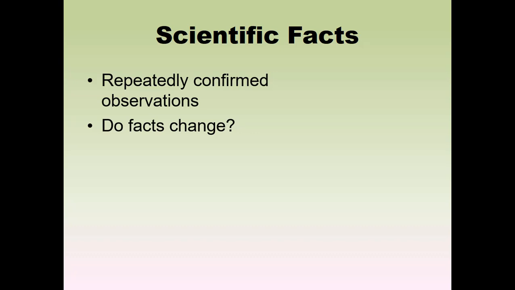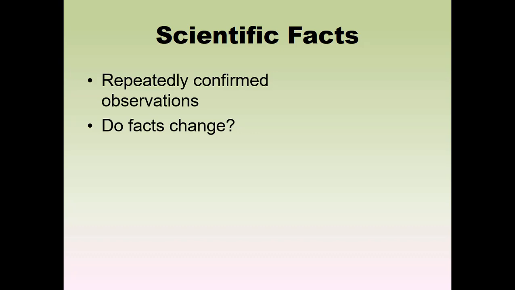And this is kind of a tricky one. And that's one of the things we have to deal with. Again, all of our conclusions in science are tentative, and facts can potentially change pending new information.